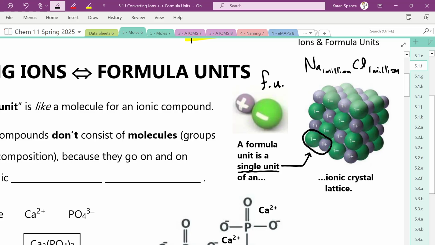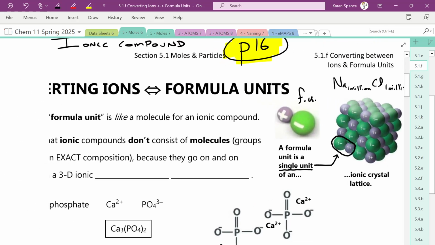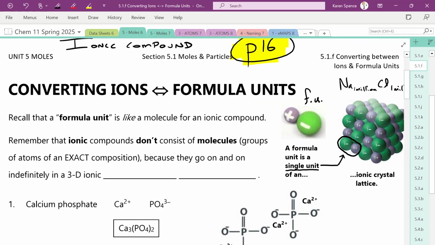As long as the ratio is 1:1, it can be different. But molecules only ever have a very fixed number. Ionic compounds have a fixed ratio. Molecules have a fixed number. So that's why we call them formula units rather than molecules. Remember, ionic compounds don't exist as molecules. They go on and on indefinitely in a 3D ionic crystal lattice.